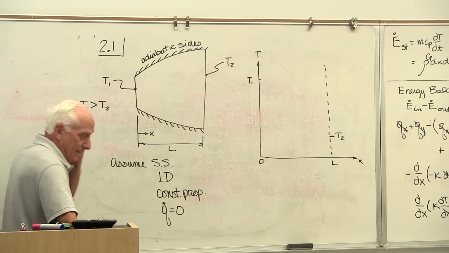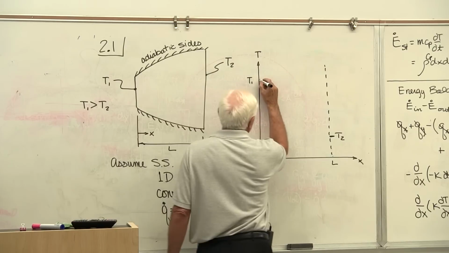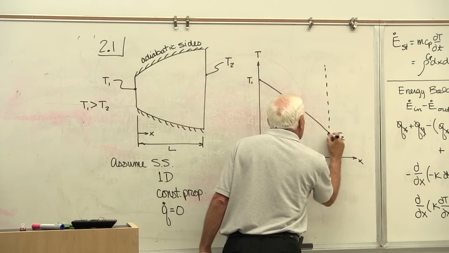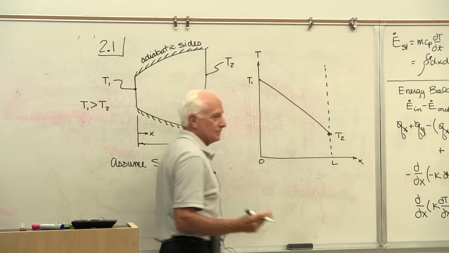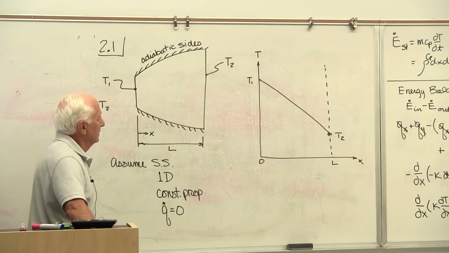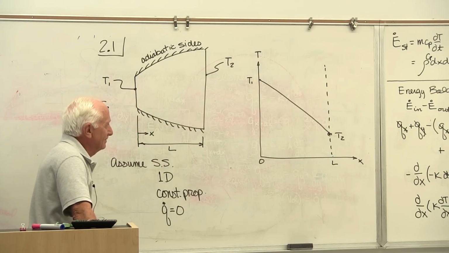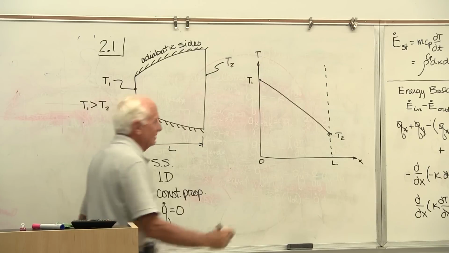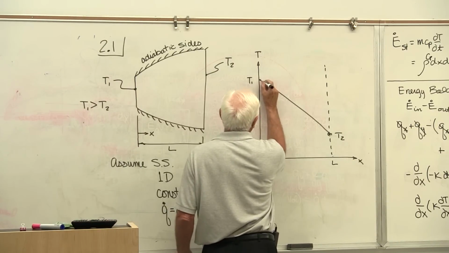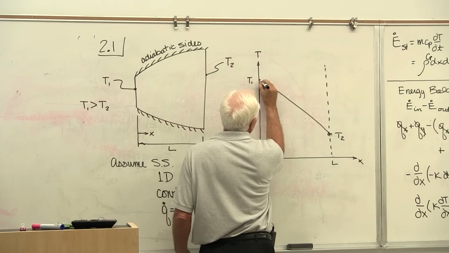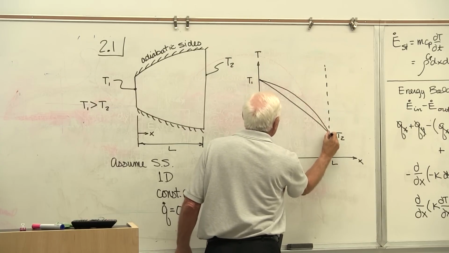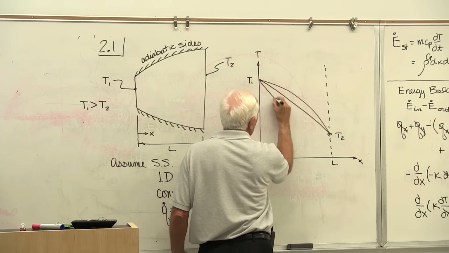Well, you might be tempted to say, I just think it's a straight line. Why shouldn't it be a straight line? That's one possibility. Then you might say, it could be a little bit of curve to it, so maybe it looks something like this. Or maybe it'll look something like that.